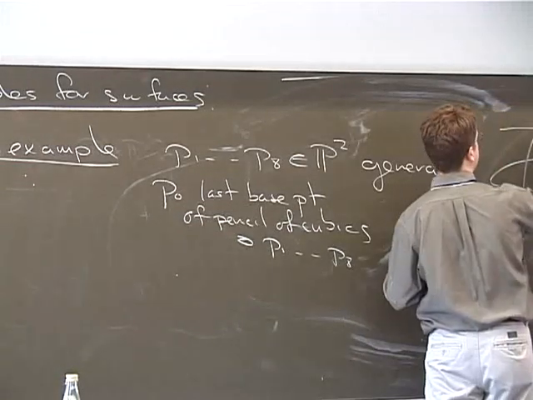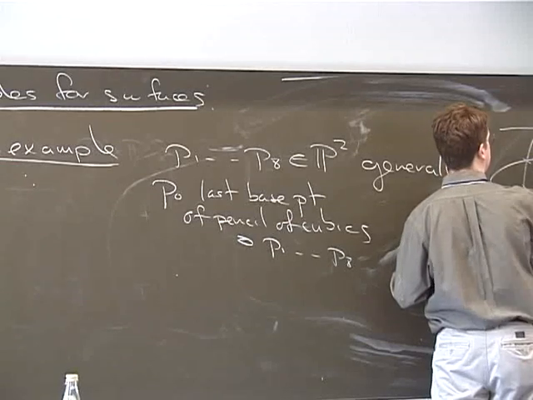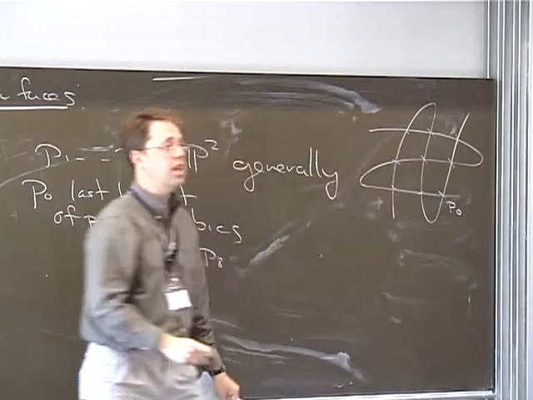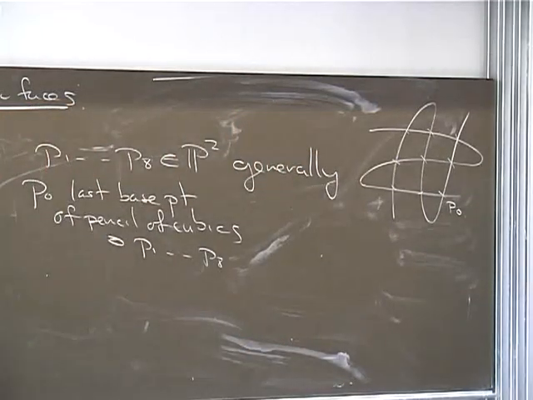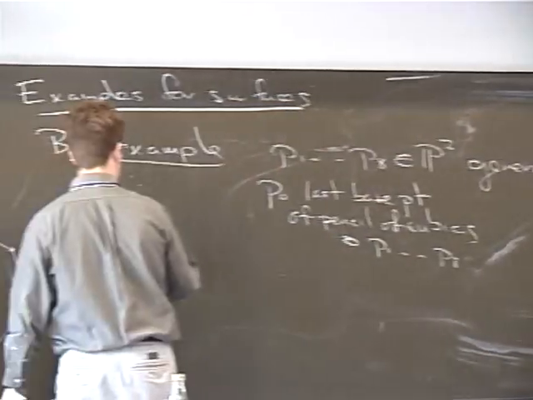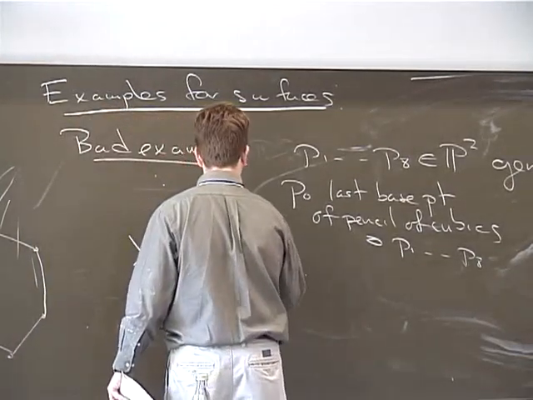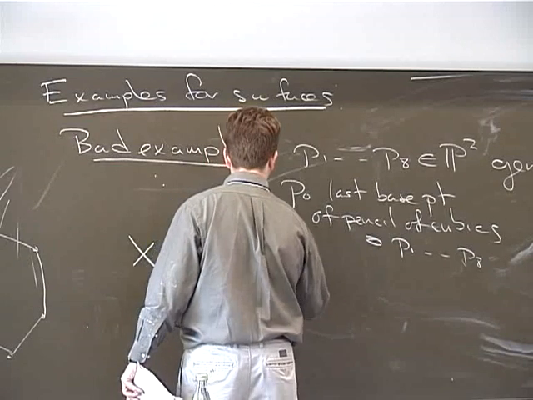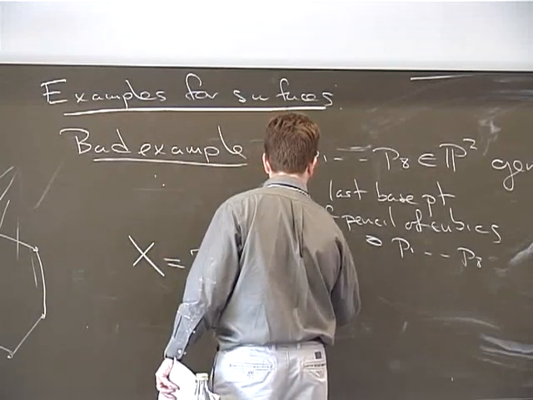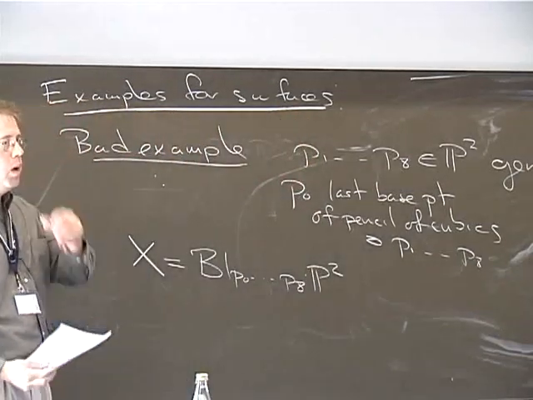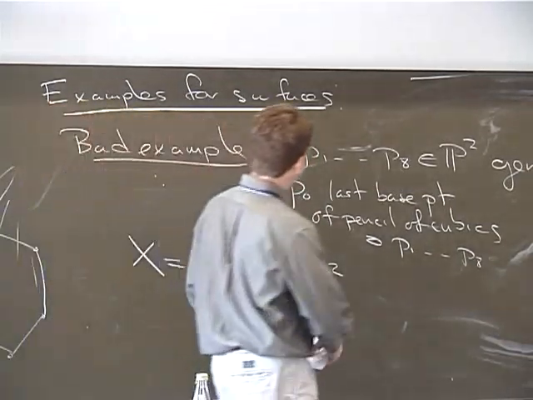So I have a whole bunch of cubics containing all my points, and I have this distinguished last base point. Now, let me let X be the blow up at all these points. Okay? Now, we have a whole bunch of -1 curves.